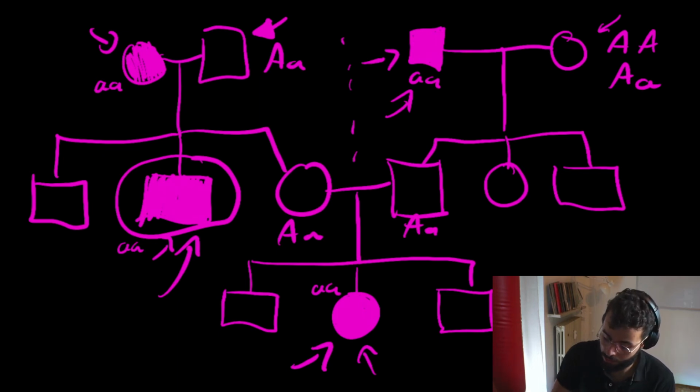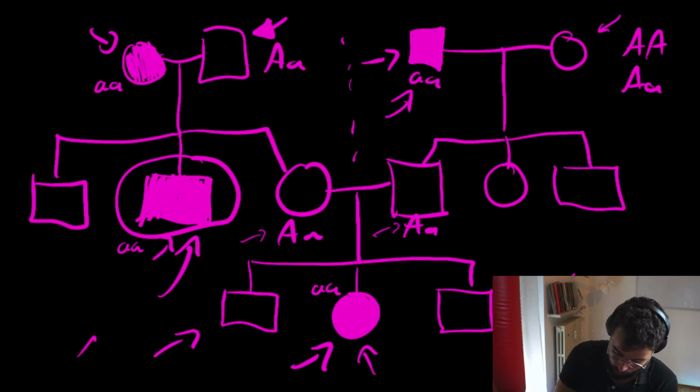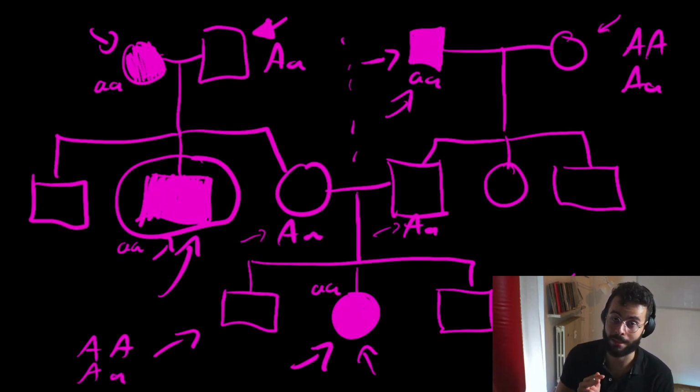So we can't know if the mother is healthy, is a carrier, or homozygous, not a carrier, for the dominant gene. So what do we know about these kids? These kids are both healthy, which means these kids either get the AA or the Aa from the parents, because both parents are carriers.